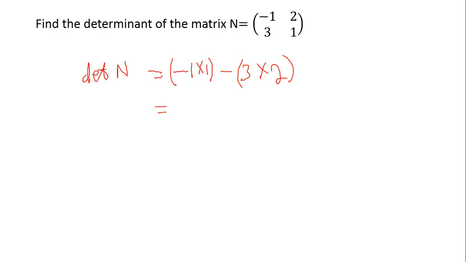What is negative 1 times 1? Negative 1. And then 3 times 2? 6. And then what would be negative 1 minus 6? Negative 7. So we can say, therefore, determinant of N is equal to negative 7. Okay.